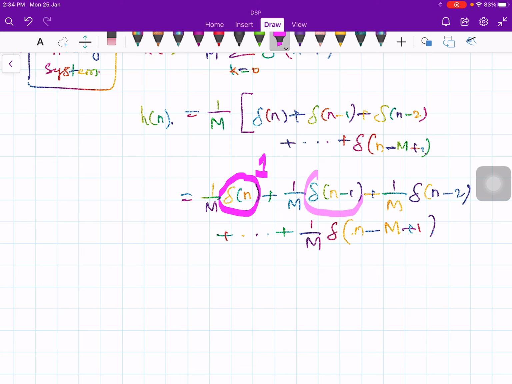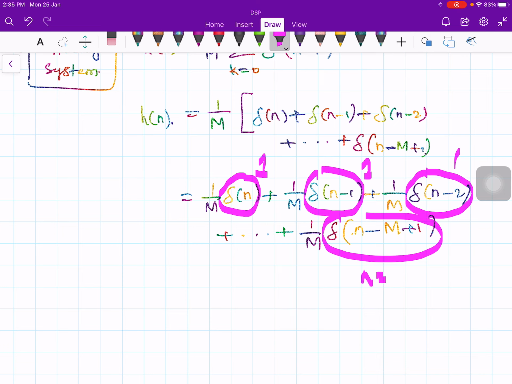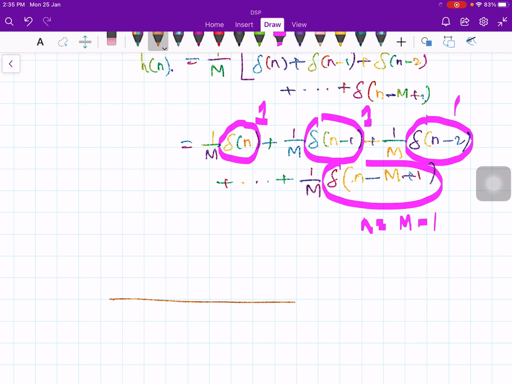Del of n minus 1 is equal to 1 when n is equal to 1. Del of n minus 2 is equal to 1 when n is equal to 2. Similarly, the last one is equal to 1 when n is equal to M minus 1. Therefore, I have M number of impulses. They are sitting at 0, 1, 2, 3 up to capital M minus 1.